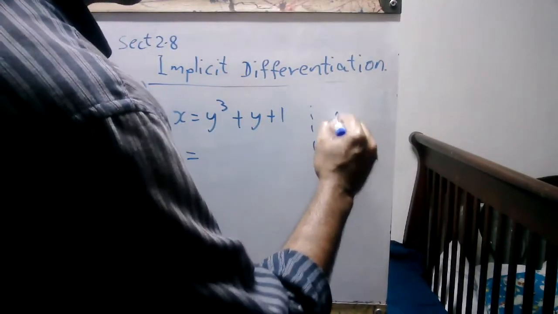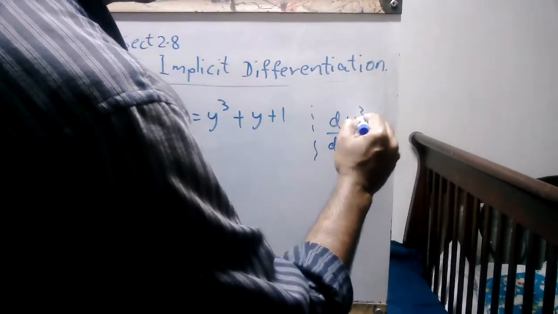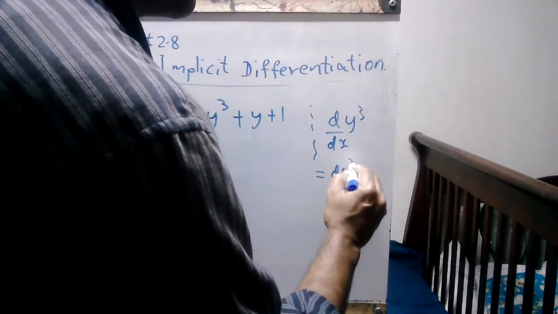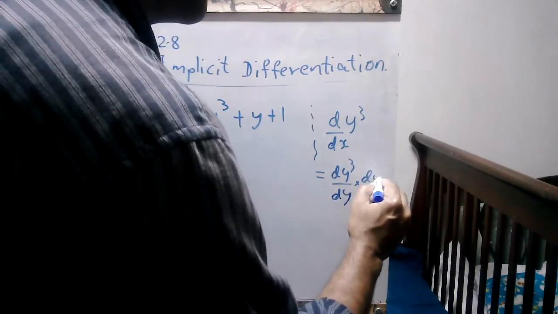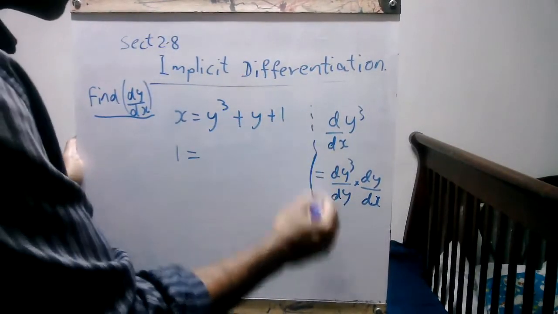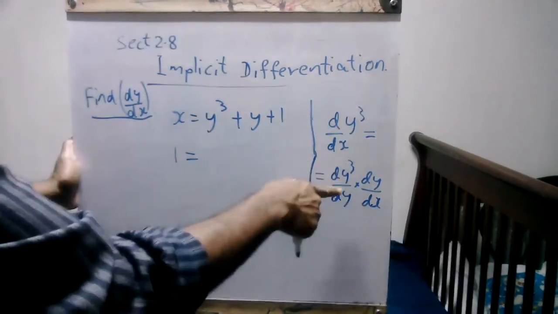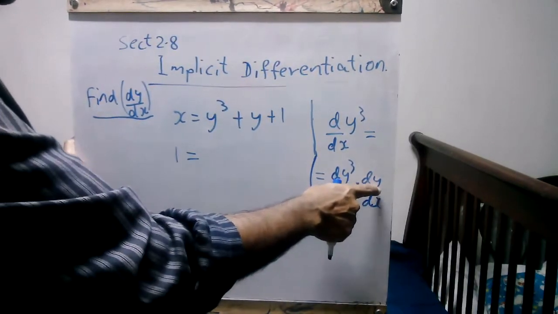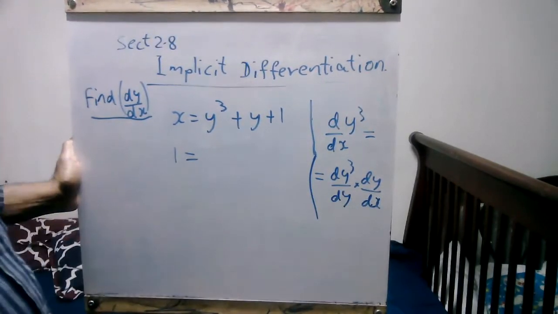When you want to differentiate y cubed, this is the same as d(y cubed) over dy multiplied by dy/dx. d(y cubed) over dx is equal to d(y cubed) differentiated with respect to y, then we multiply that with dy/dx, y differentiated with respect to x, right? Chain rule.